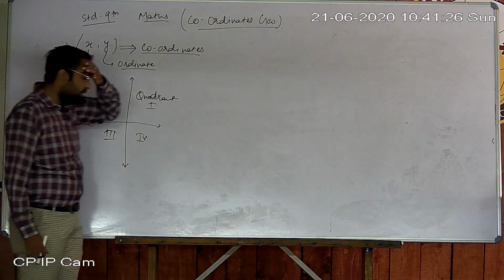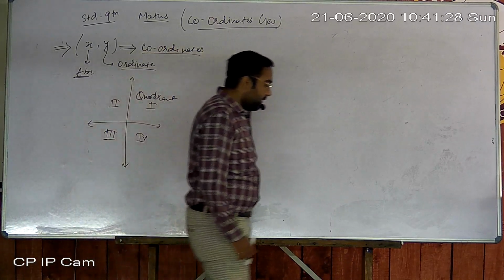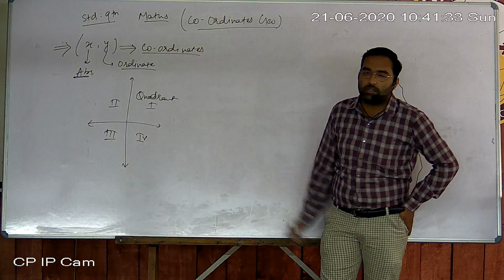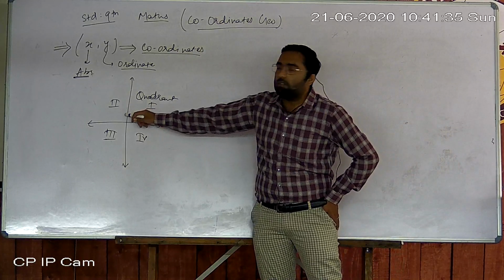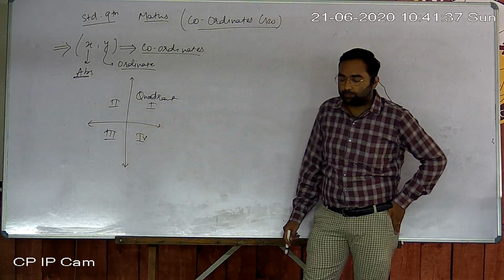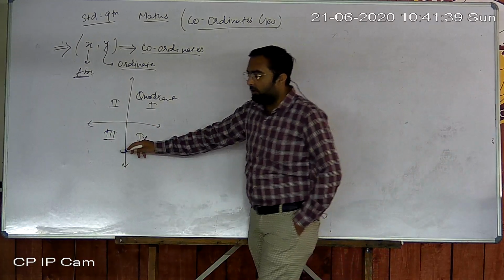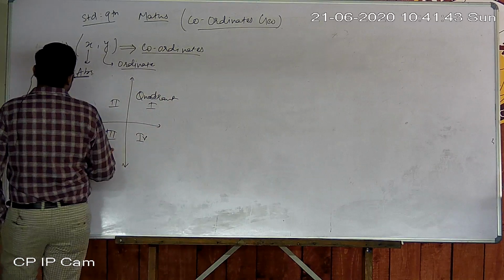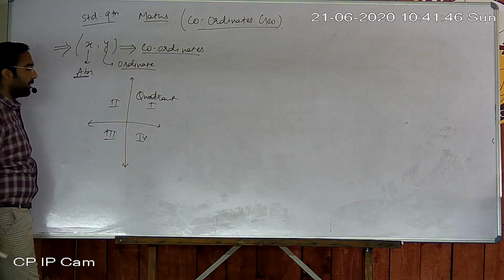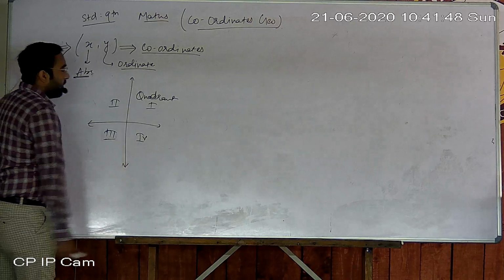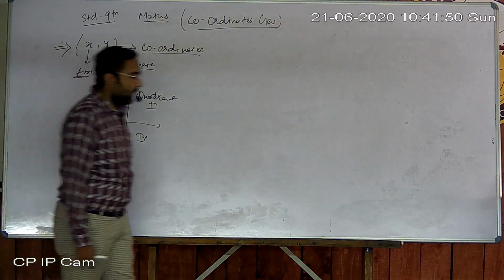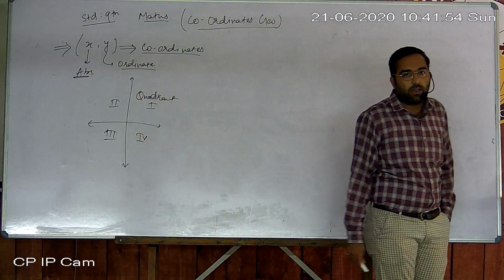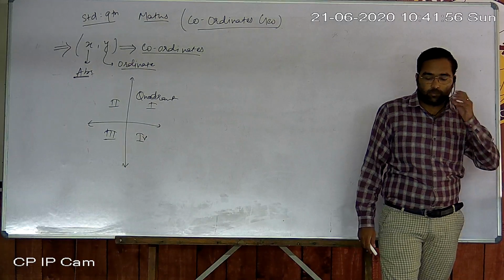In the second quadrant, the value of x is negative and the value of y is positive. In the third quadrant, both x and y are negative, and in the fourth quadrant, x is positive and y is negative.